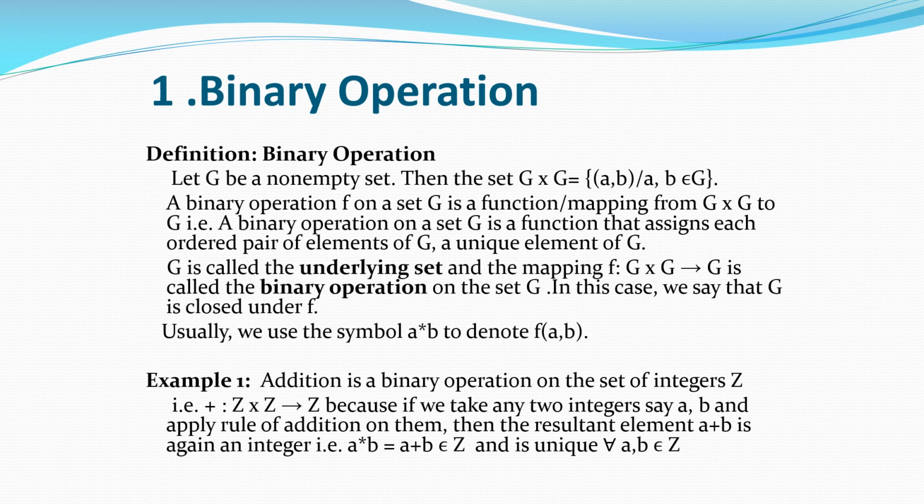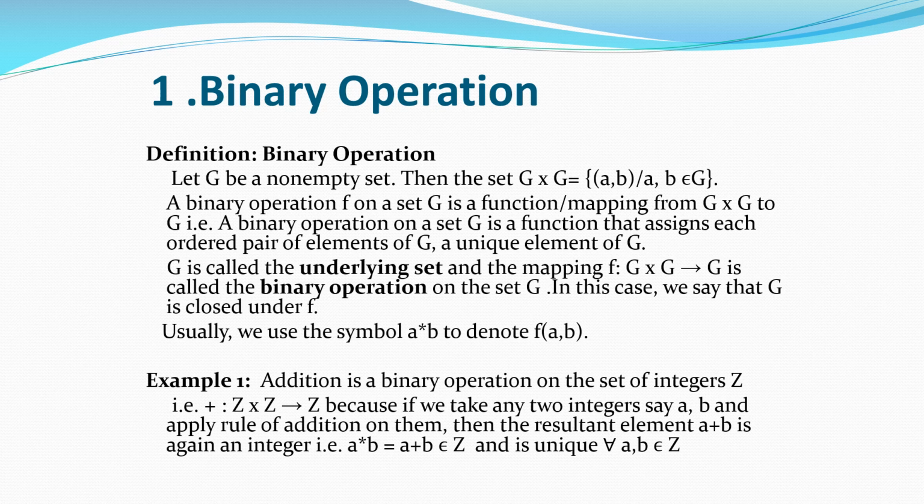Addition is a binary operation on the set of integers Z. That is, addition means plus. It is defined from Z cross Z to Z. Because if we take any two integers, say a and b, and apply the rule of addition on them, that means we apply that function plus on every pair of Z cross Z, then the resultant element a plus b is again an integer.